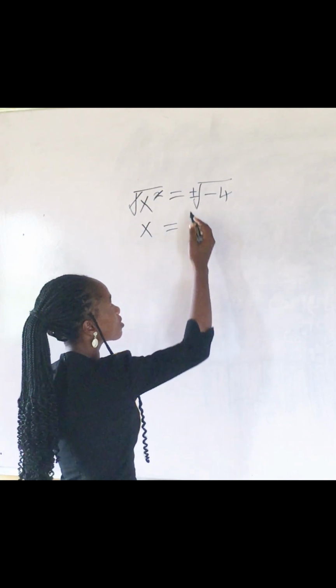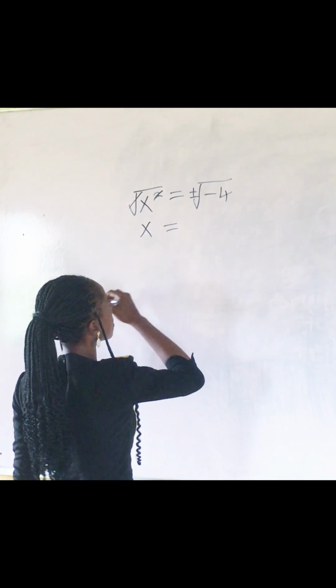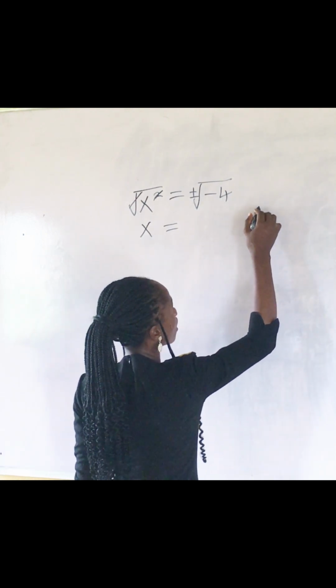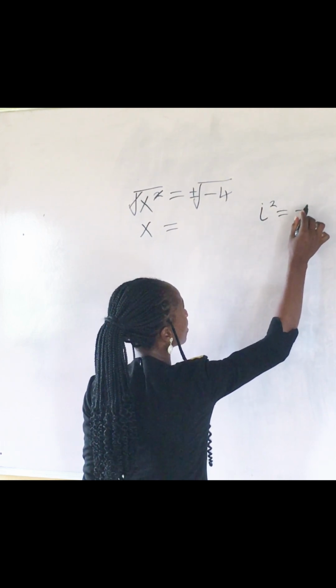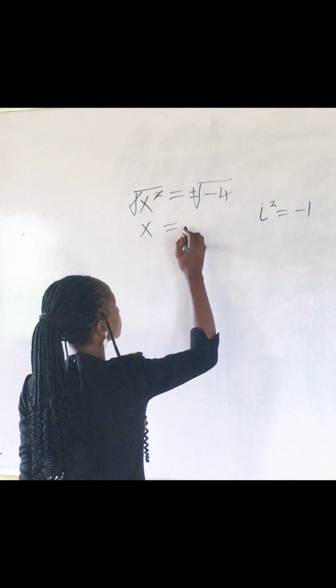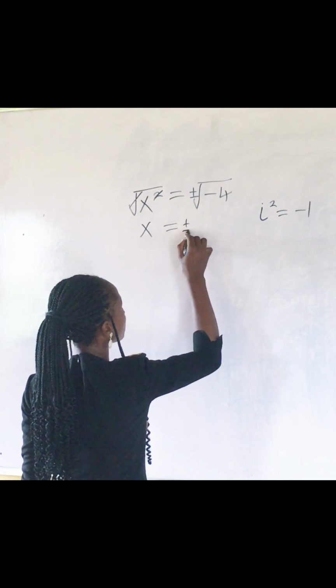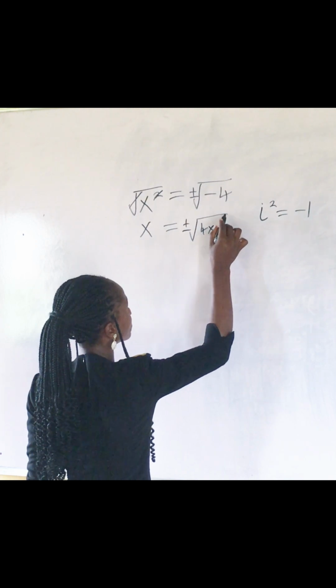Now you recall that i squared is equal to minus 1. So to get this, we can simplify this root as 4 times minus 1.